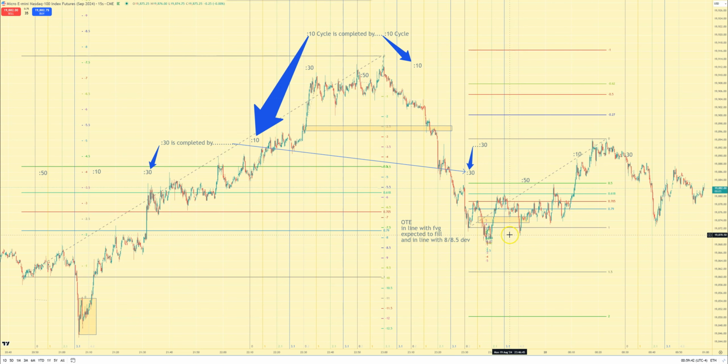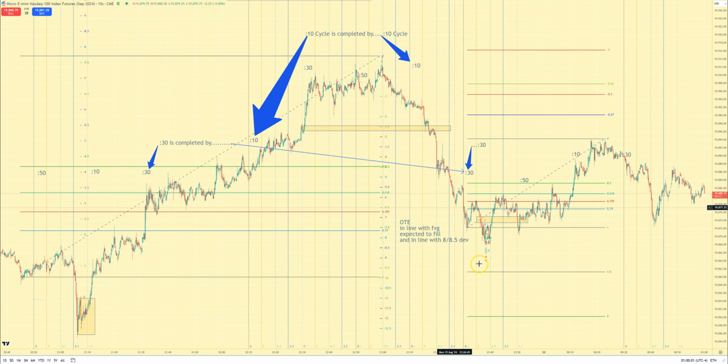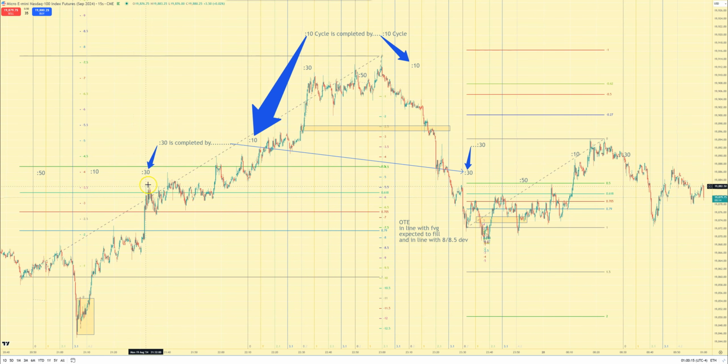So in this entire price move, we had the 50 be the start of the up move, and then we went through another 50, and then this 50 was the other side of the curve. But now look closely. So we had 50, 10, 30. That's one 3-phase, 3 cycles. That's one entire complete hour.